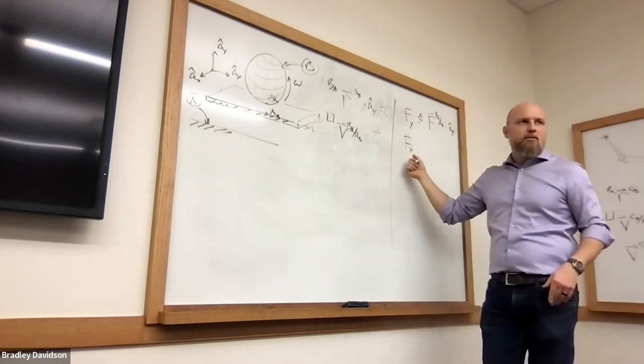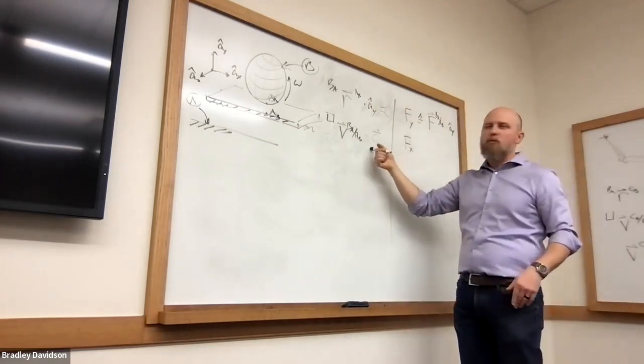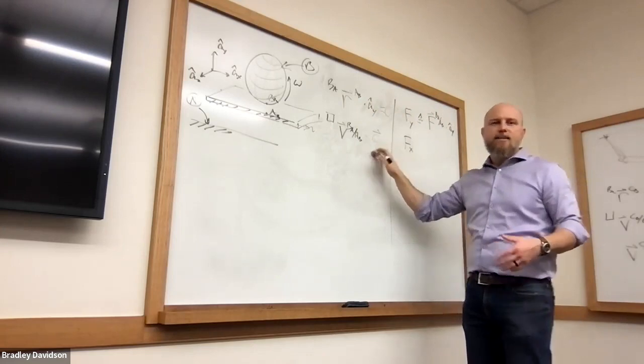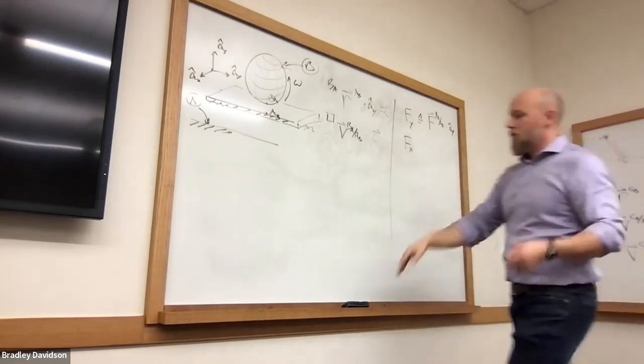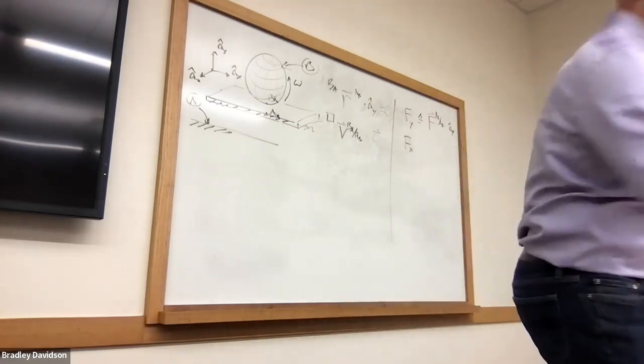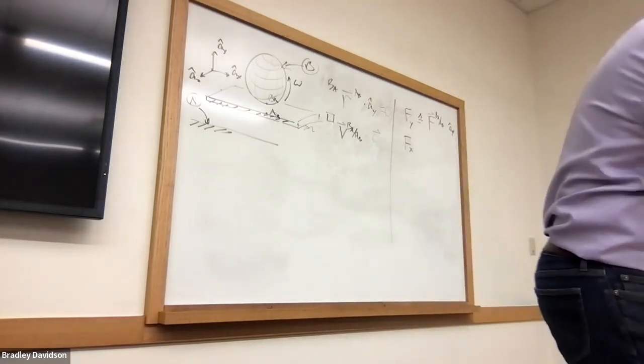That's where we're headed. We've got to do a little bit more work over here. How do I isolate this? Because we're talking about a condition that's in the X direction, if we're isolating rolling in this direction.